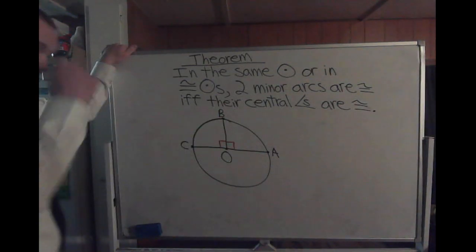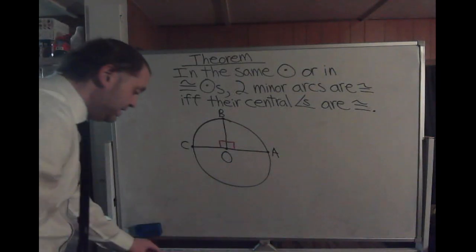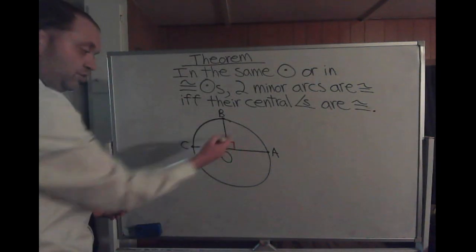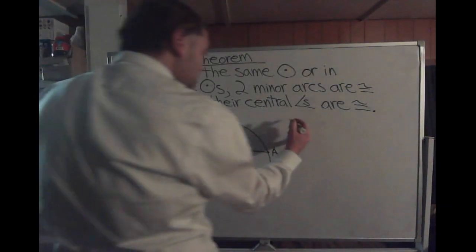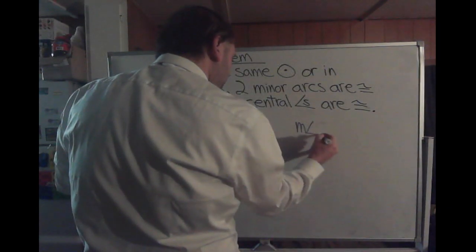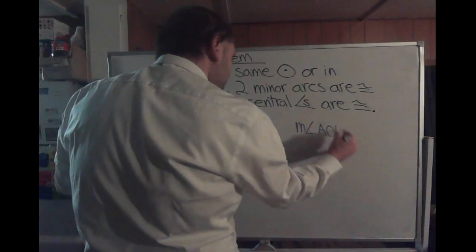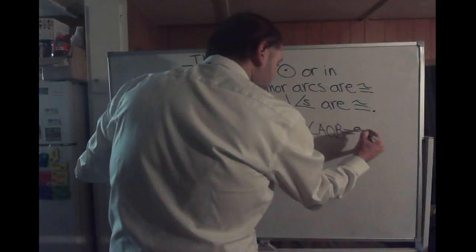So here we have the measure of central angle AOB is equal to 90, denoted by the perpendicular marker. So we have the measure of angle AOB, being a central angle of the circle, is equal to 90 degrees.